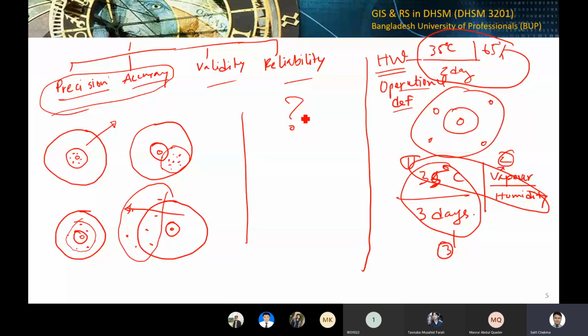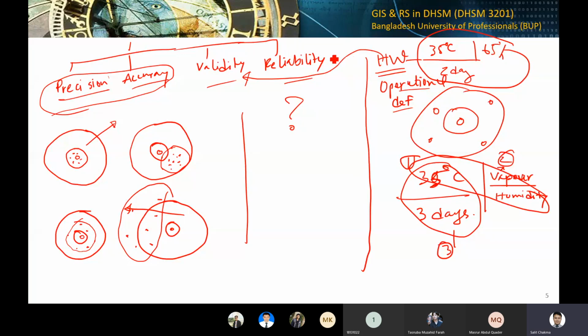You do not know what to do. You are working blindly, and your result might have some problems. So identifying these operational definitions, if necessary, is called validity. Validity in the measurement concept does not mean checking whether your result is valid or not. Rather, it means being able to define these operational definitions that are vital for your study.